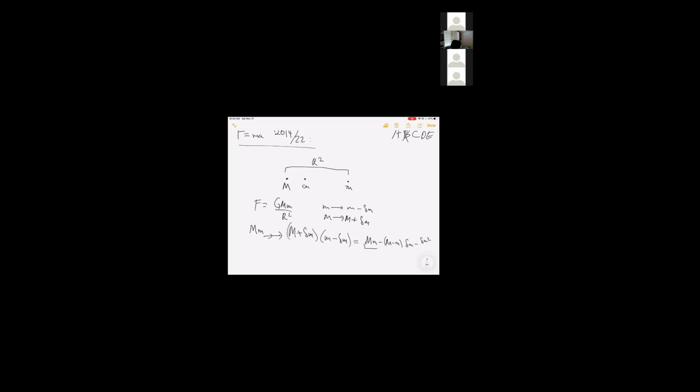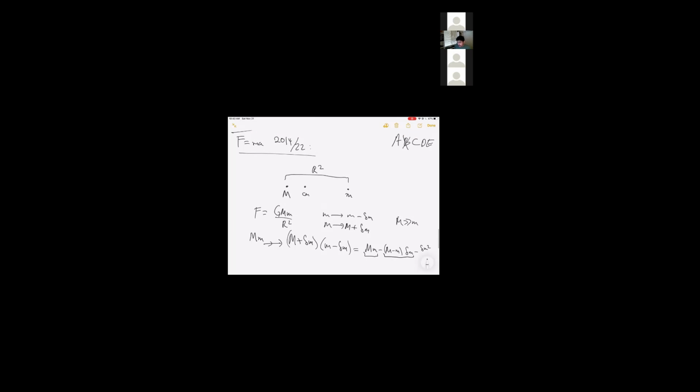We can see it's the original quantity minus something times delta m, because capital M is. So therefore, the gravitational force actually decreases, so that eliminates choice A.